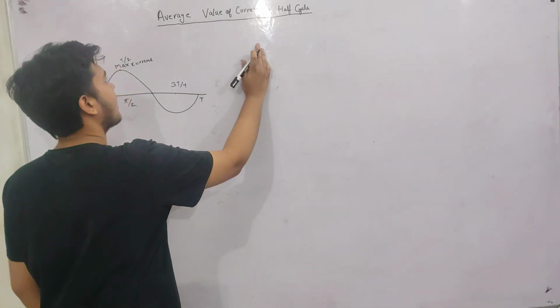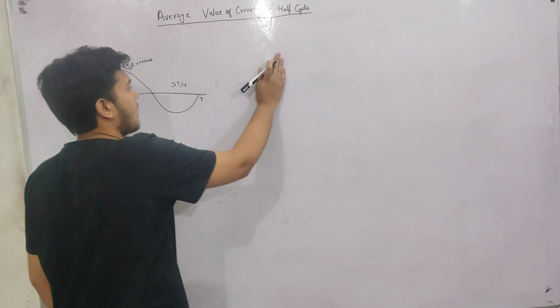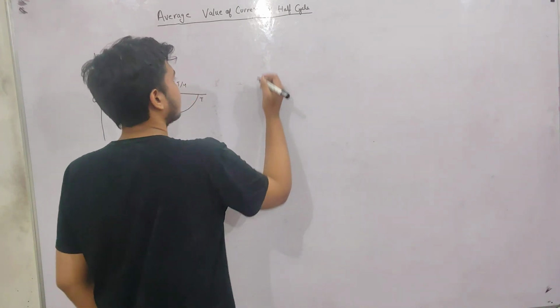We are going to derive a relation for the average value of current in half cycle in AC.